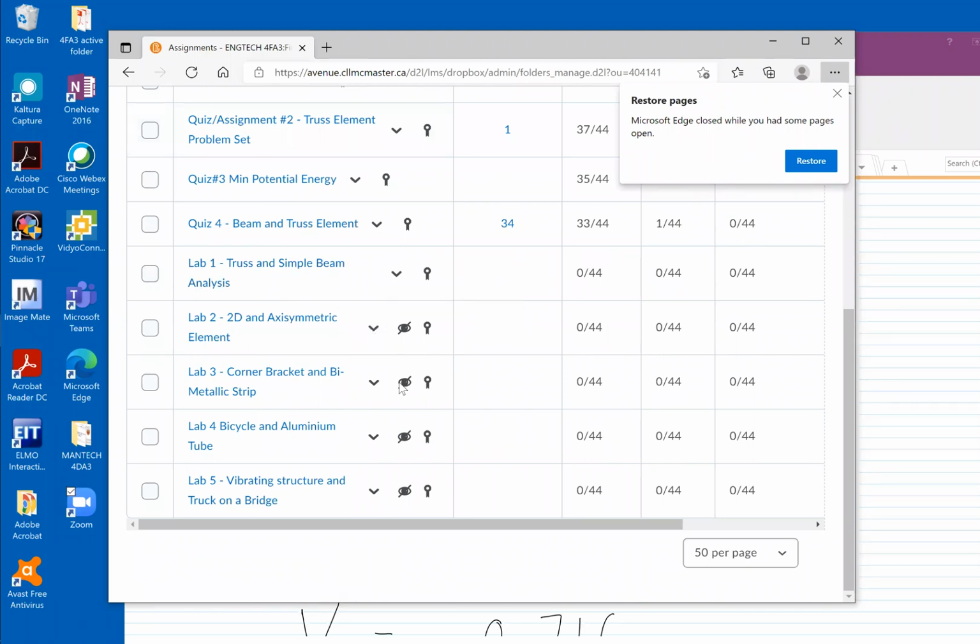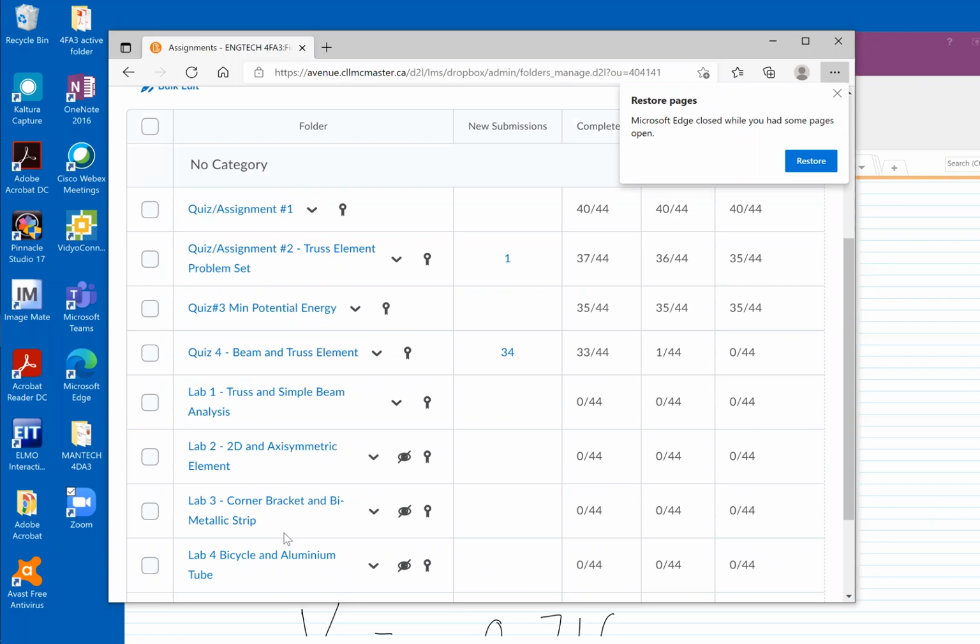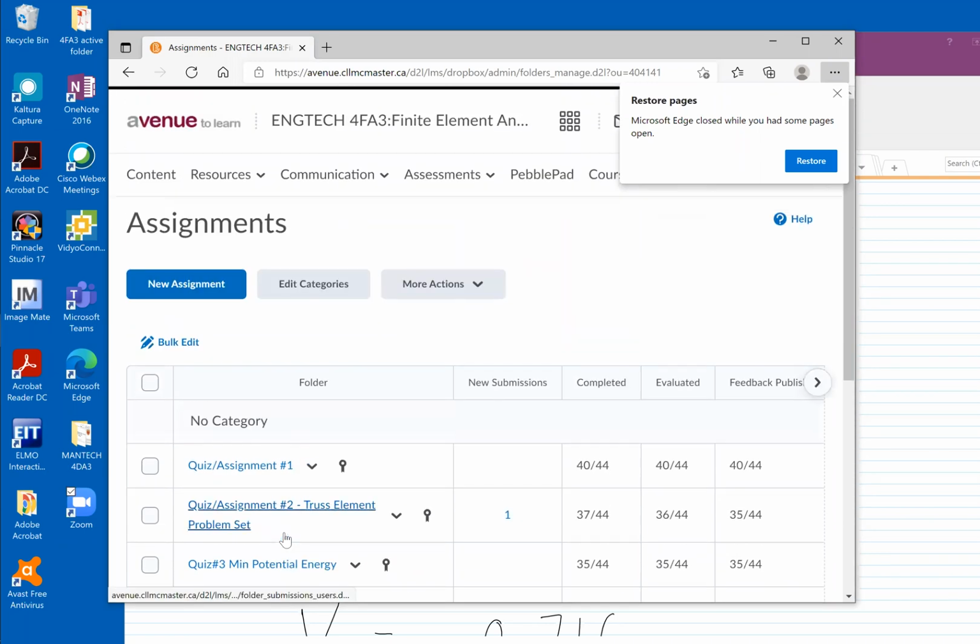Labs 2, 3, 4, 5 I have posted but they're not visible yet. And you will see something next week for a midterm assignment. There's a link to it. But again, I will provide all the instructions beforehand.